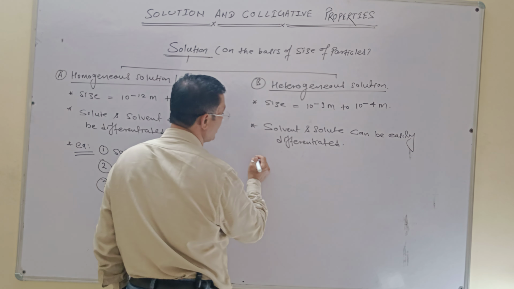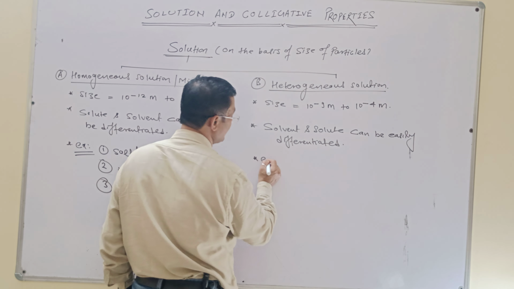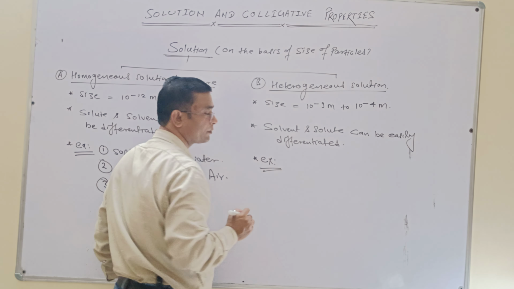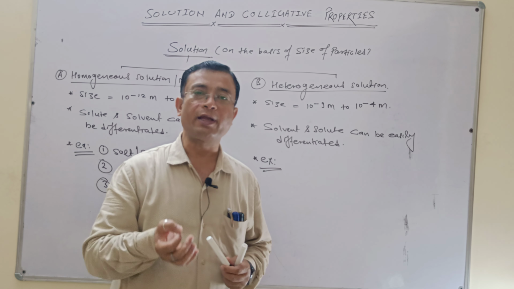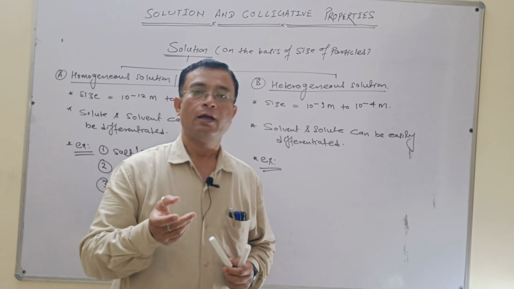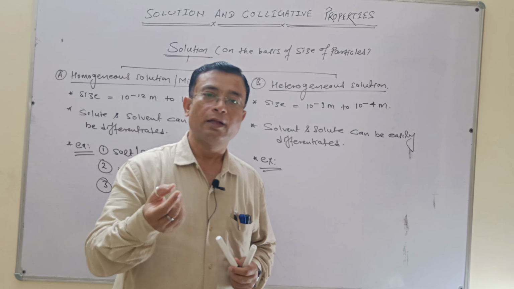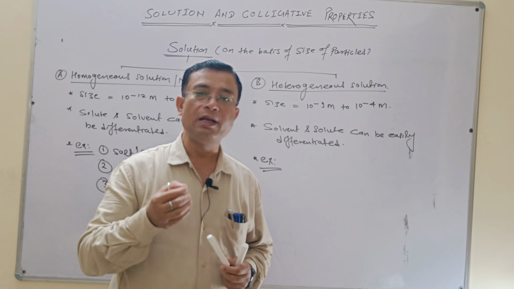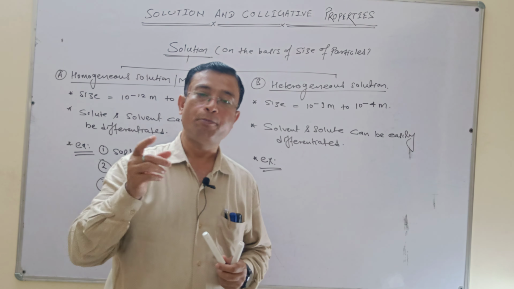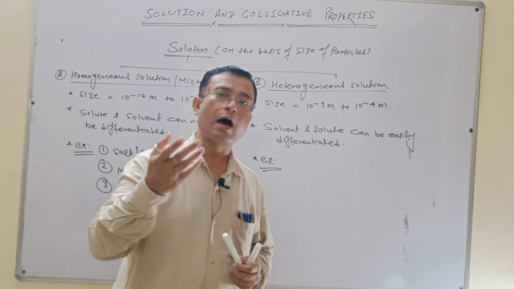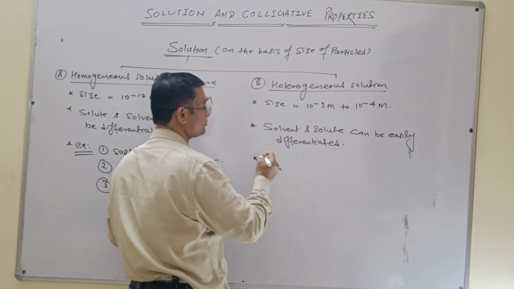Now if I am talking about the heterogeneous solution, what are the examples of heterogeneous solution? Dust or smoke in air. Other examples are blood, milk, protoplasm, ink, paint. These are all examples of heterogeneous solution.